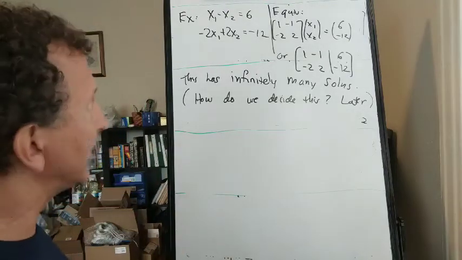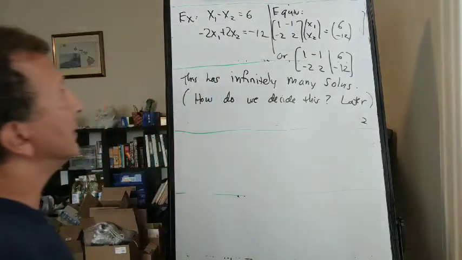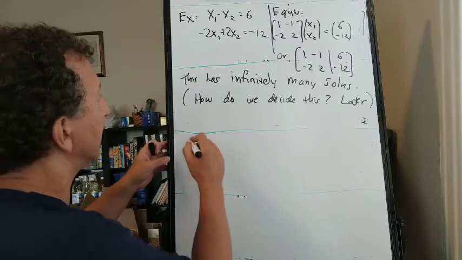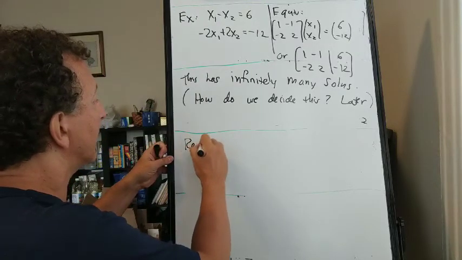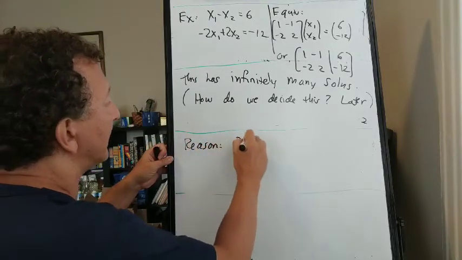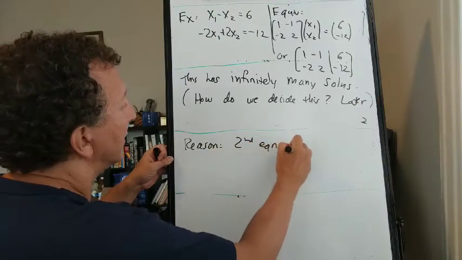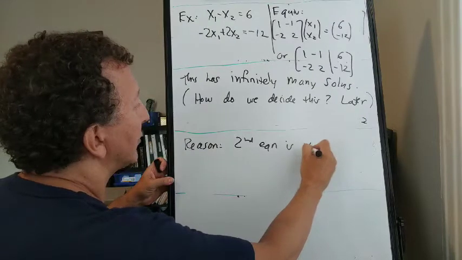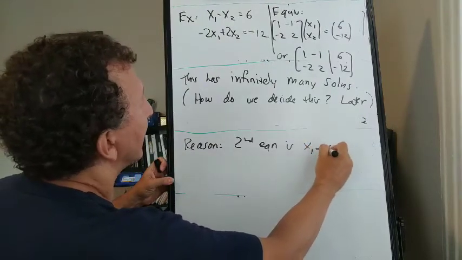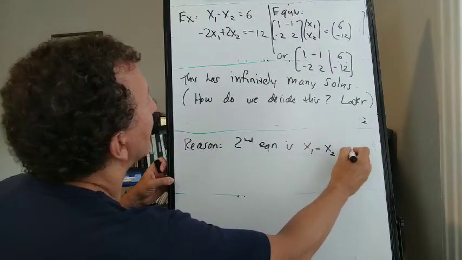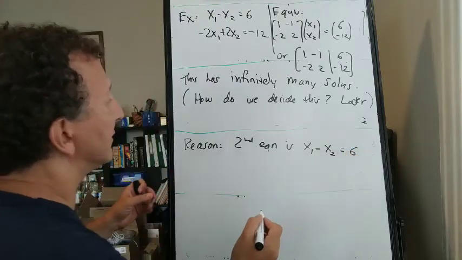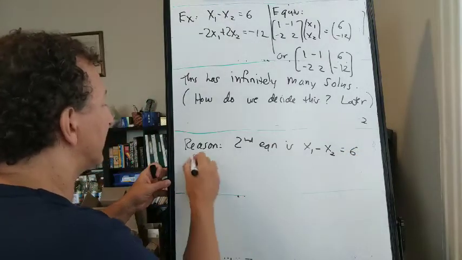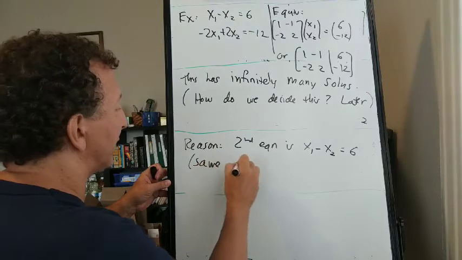If someone tells you it has infinitely many solutions, you can check that by saying the second equation, if we divide by negative 2 like we did last time, is x1 minus x2 equals 6. So it's really the same as the first.